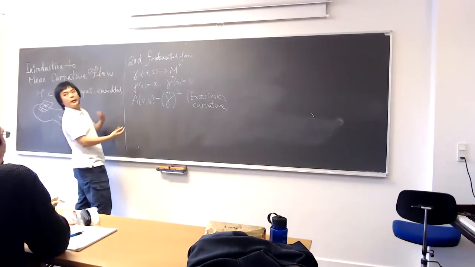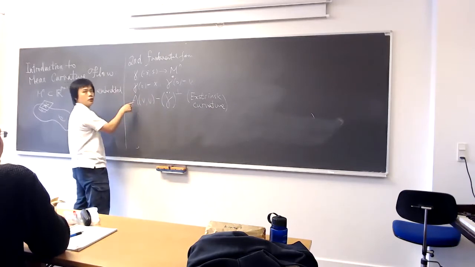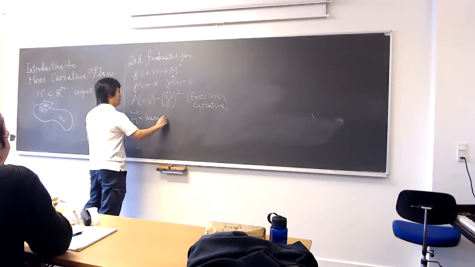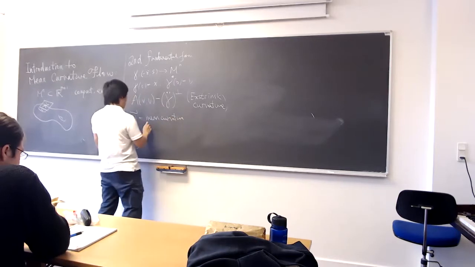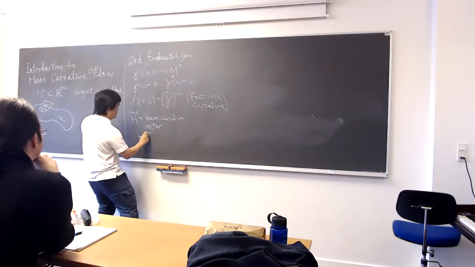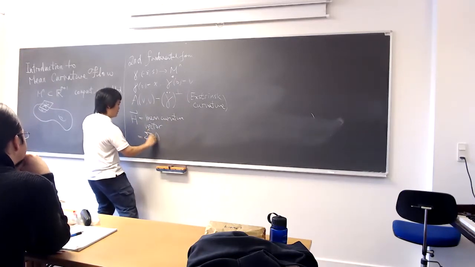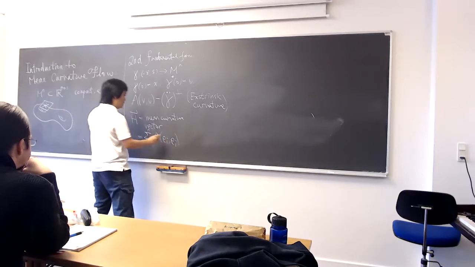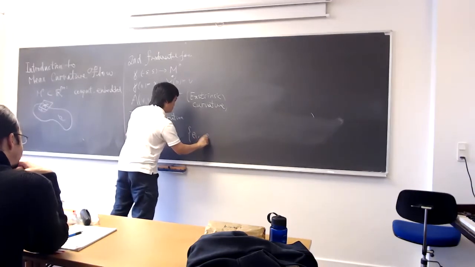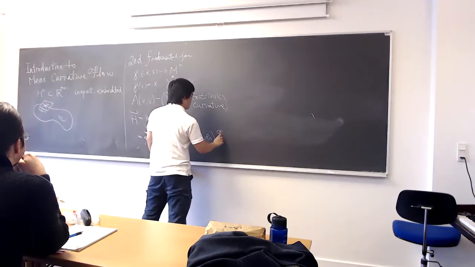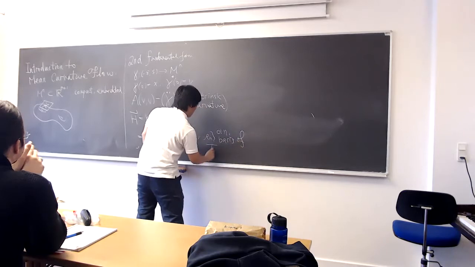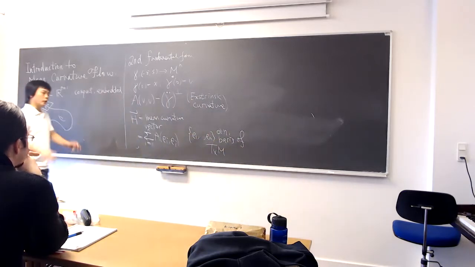And h, which is the mean curvature vector, is just the trace of this second fundamental form, taken over some orthogonal basis of your tangent plane. Okay, just recall the definition.